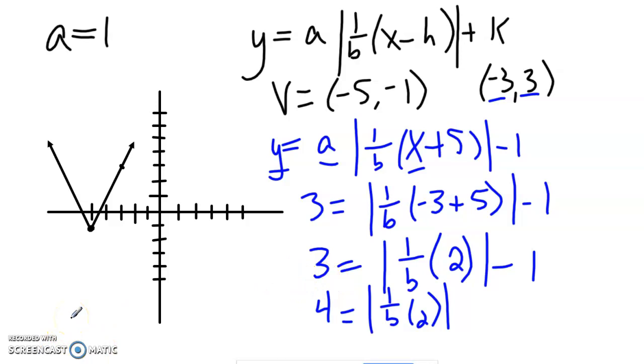So 2 times what gives me 4? 2. So 1 over b has to equal either 2 or a -2. Because our graph is opening up, we're going to go with 2. Okay? So 1 over b equals 2.